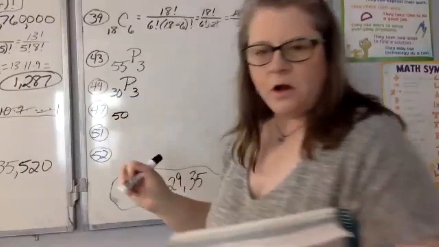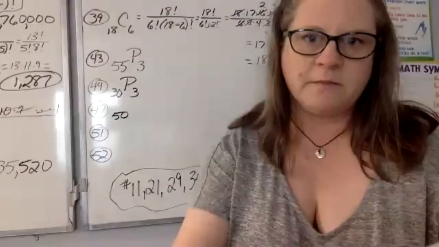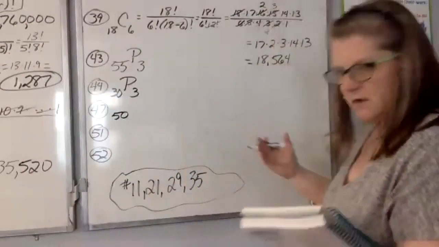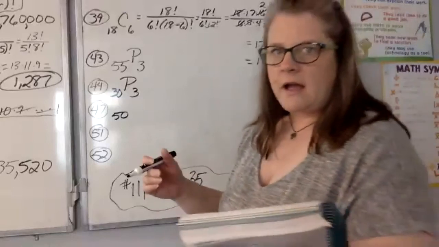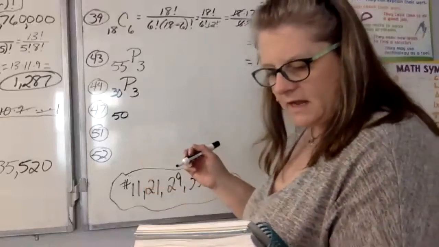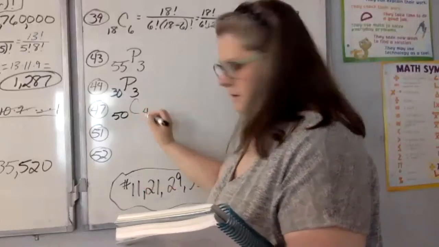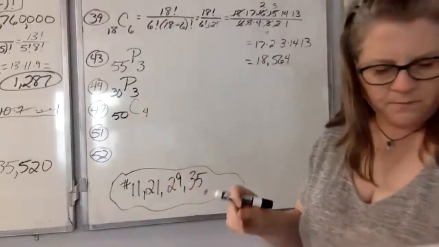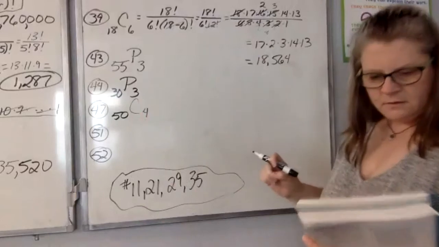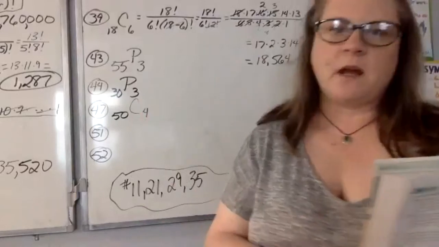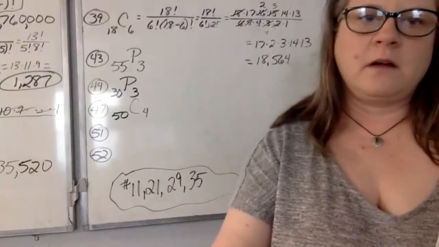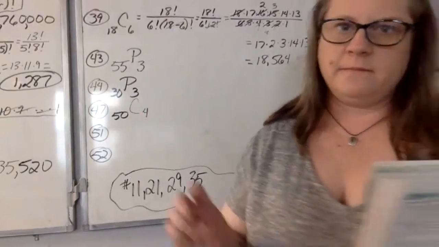No, they're all going to be picked to clean the church. So there are 50 people, and he's picking 4 to help him. So it's 50 combination 4. We're good with that?